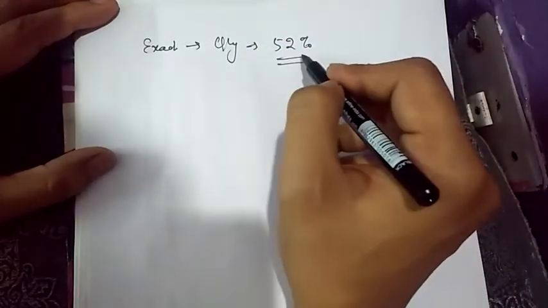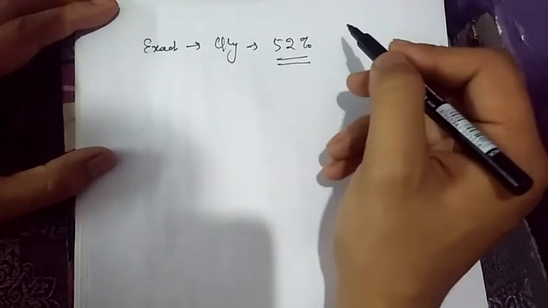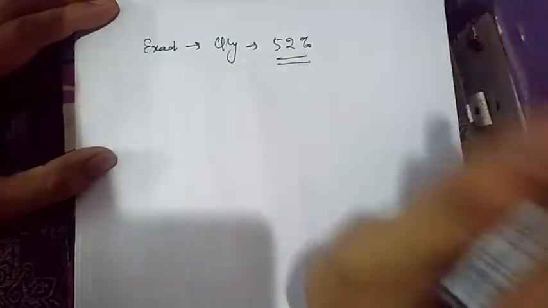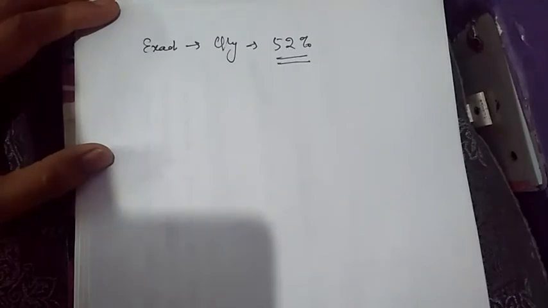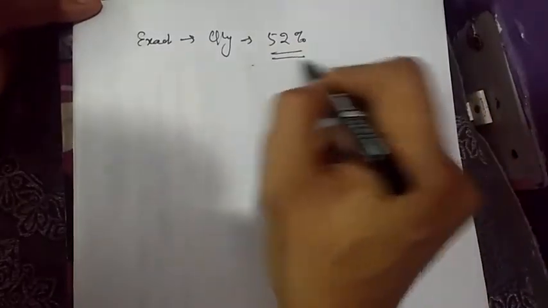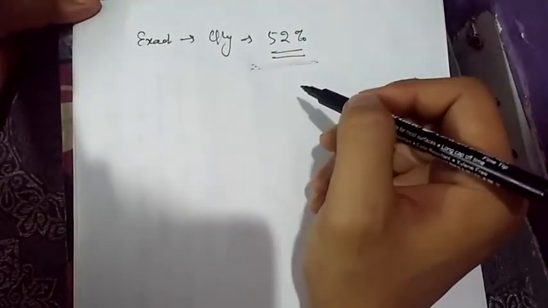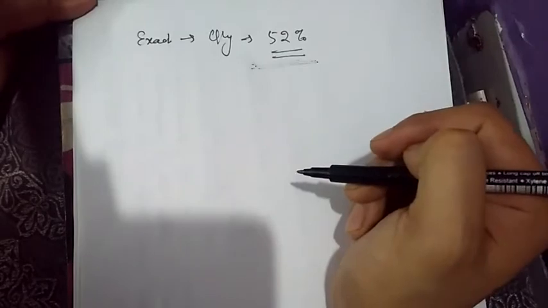Okay, 52%. If we add 52% extra of cement, then that will be a sufficient quantity for cement concrete mix. Okay guys, this is a very important term while calculating the quantities of cement in concrete.